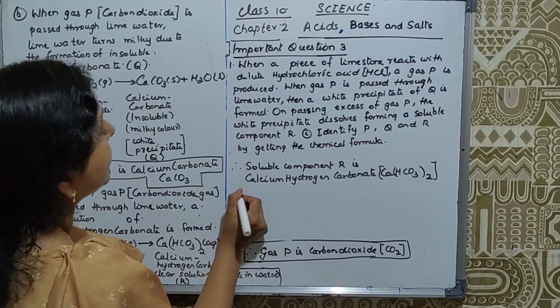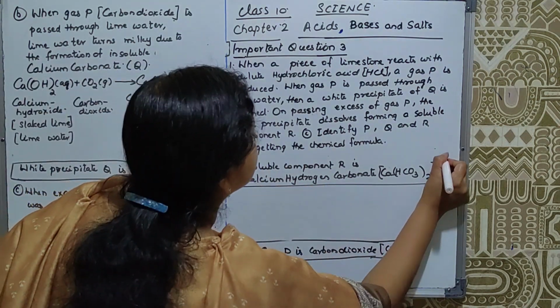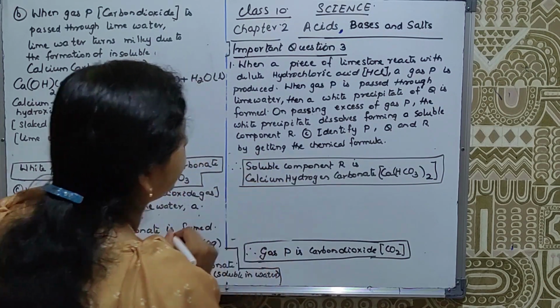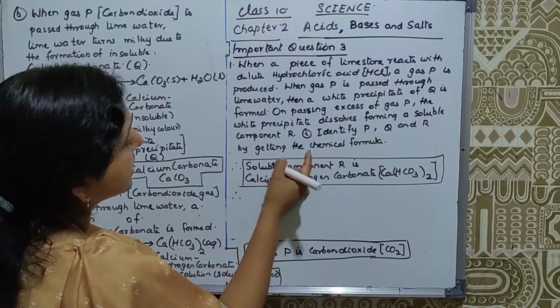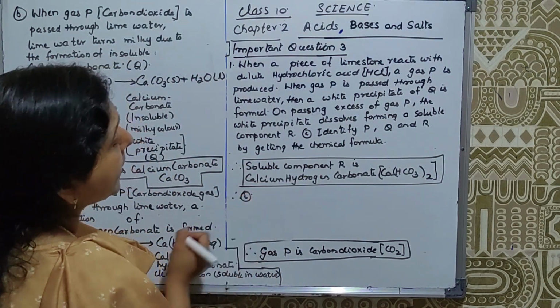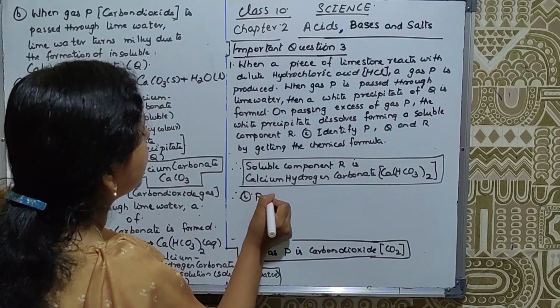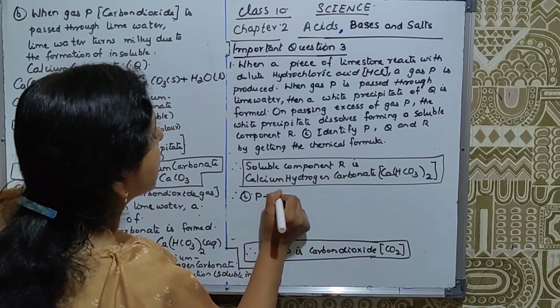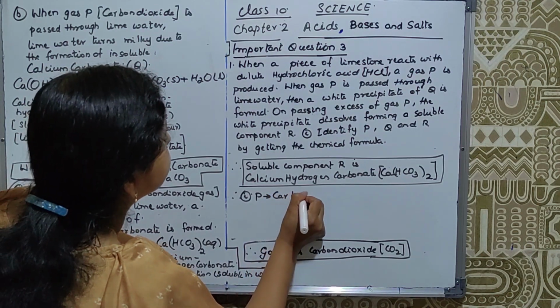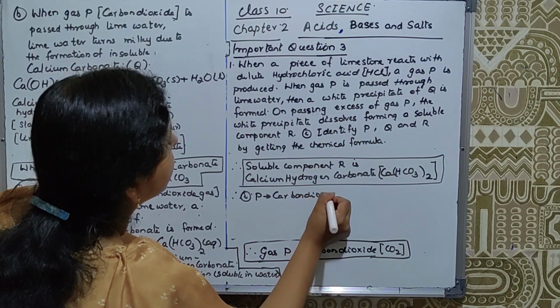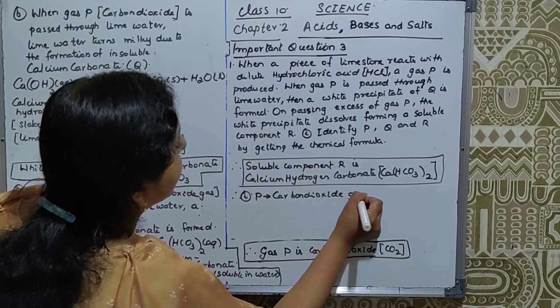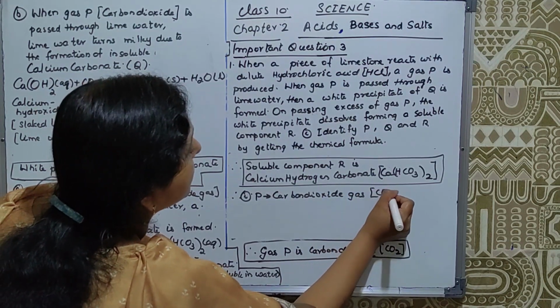So now we'll conclude once more. These are the 3 compounds which we got. Therefore, we are answering the first question: identify P, Q and R by giving the chemical formula. P is carbon dioxide gas, formula is CO2.